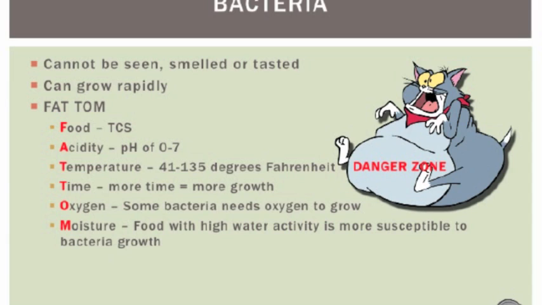And then with temperature, we have the danger zone, which is 41 degrees Fahrenheit to 135 degrees Fahrenheit. Bacteria will grow even more rapidly from 70 degrees to 120 degrees. And so bacteria growth will be limited when food is held above or below the danger zone.